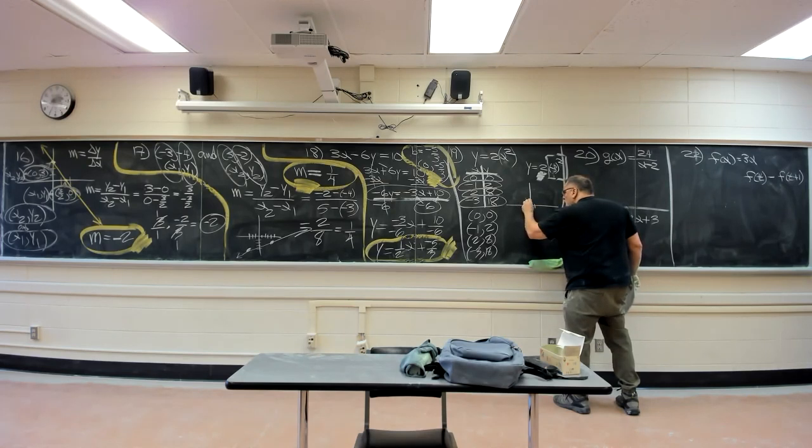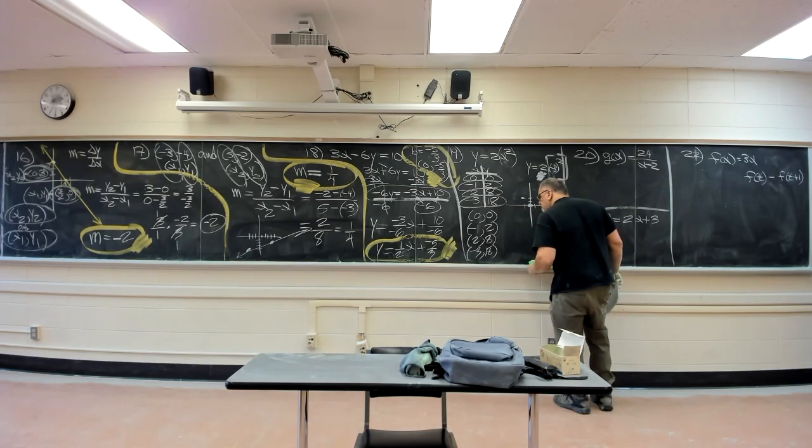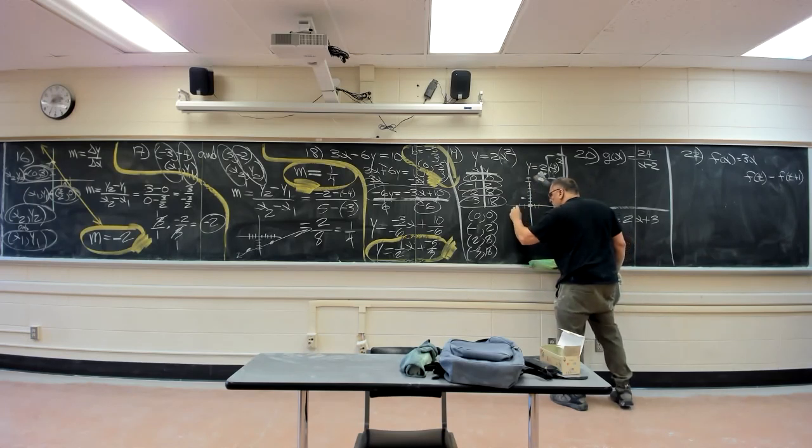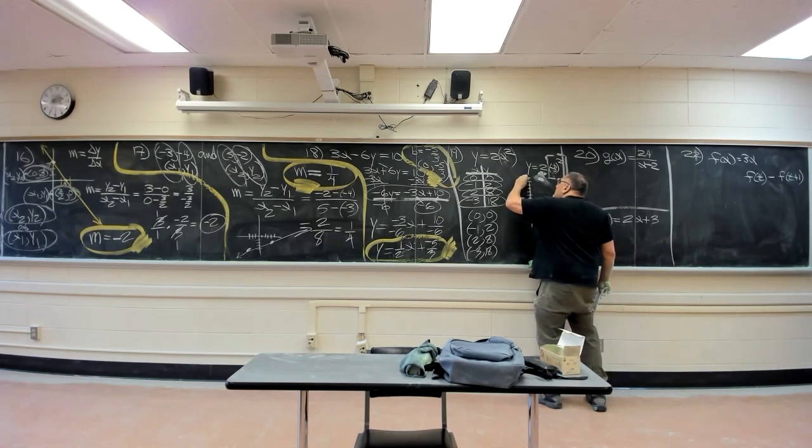Negative 1 comma 2, 1, 2. 2 comma 8, 1, 2, 3, 4, 5, 6, 7, 8. Negative 3 comma 18. Negative 1, negative 2, negative 3. 18 somewhere out here, and of course I drew this wonderfully.